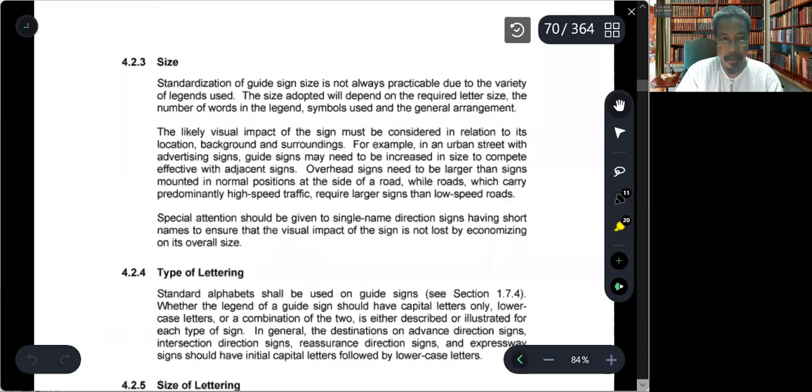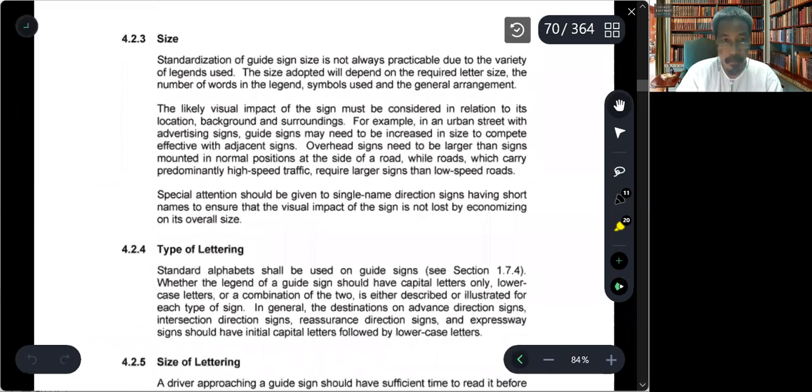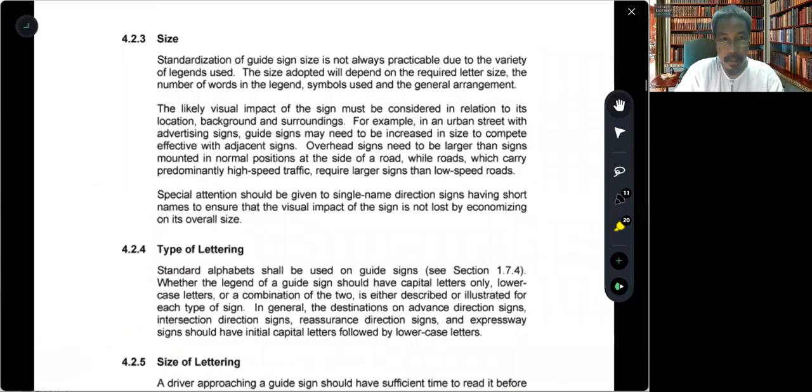What about the size? Standardization of guide sign size is not practicable due to the variety of legends used. The size adopted will depend on the required letter size, the number of words in the legend, symbols used, and the general arrangement. The likely visual impact of the sign must be considered in relation to its location, background, and surroundings.